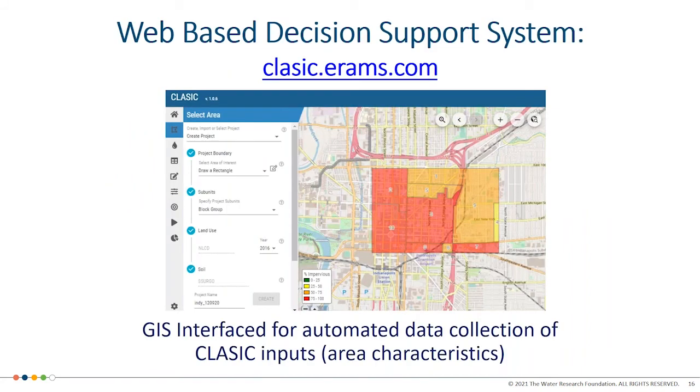The tool is web-based and is GIS-interfaced, so it has automatic collection of data from national data sets with options to also upload more local data sets if a user prefers. But a user has the possibility to run the CLASIC tool using these national data sets without having to input a lot of their own data to inform some of these high level decisions.